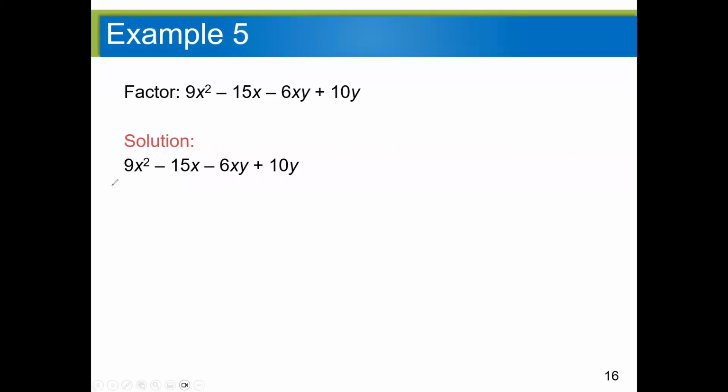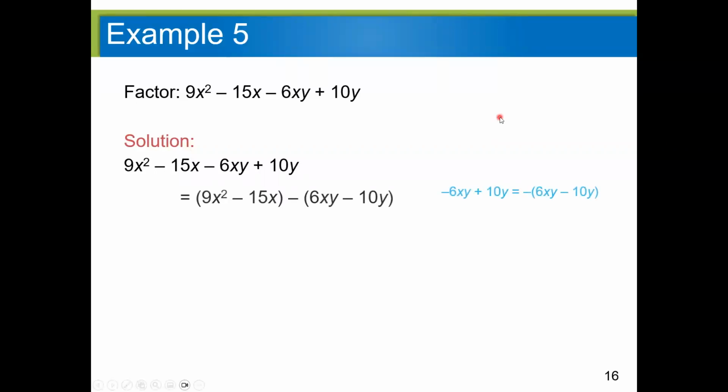Because 9 is 3 and 3, 15 is 3 and 5, 6 is 2 and 3, and 10 is 2 and 5. So these four terms do not all share a single number. Again, problem, right? So I can't just use the tools I've been using in the past. I have to do something else.